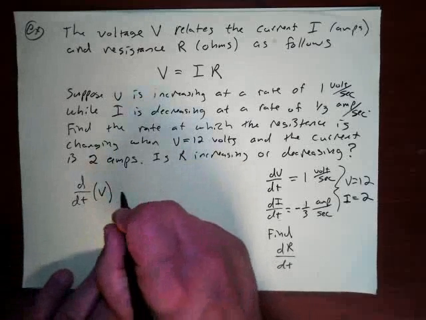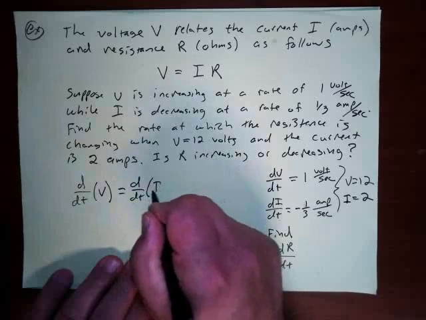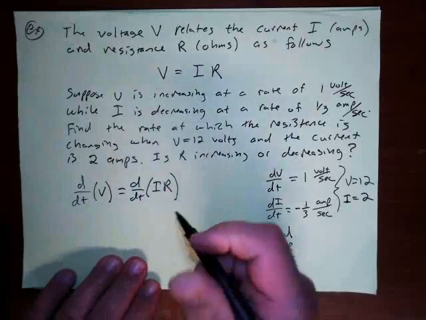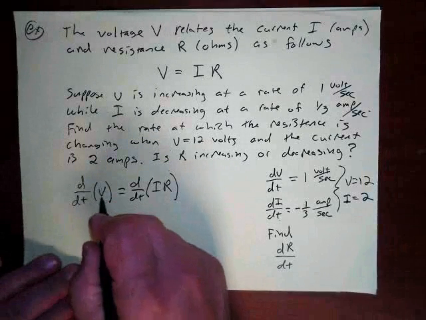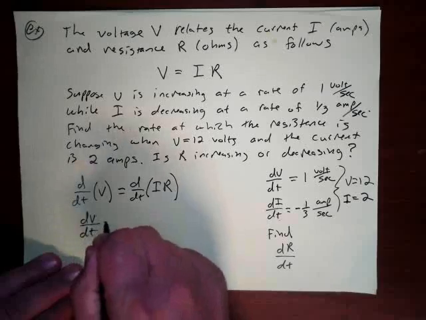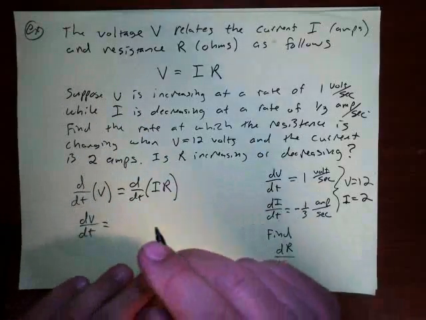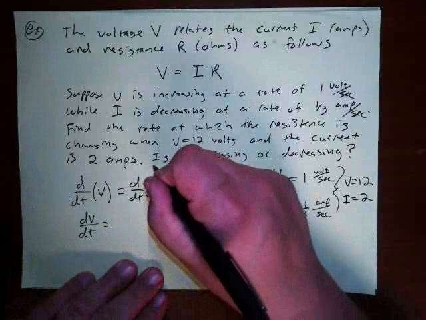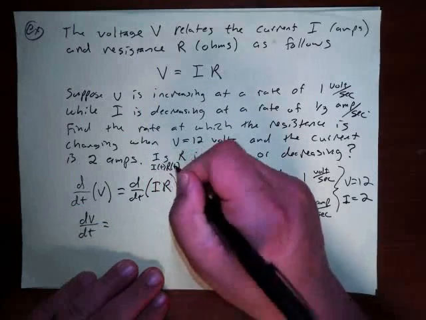So d/dt of V, d/dt of I times R. Well, this is easy. The derivative of V with respect to t is just dV/dt. Now what about this side? In this case, both of these are implicit functions of t. So this is like I of t times R of t, right?